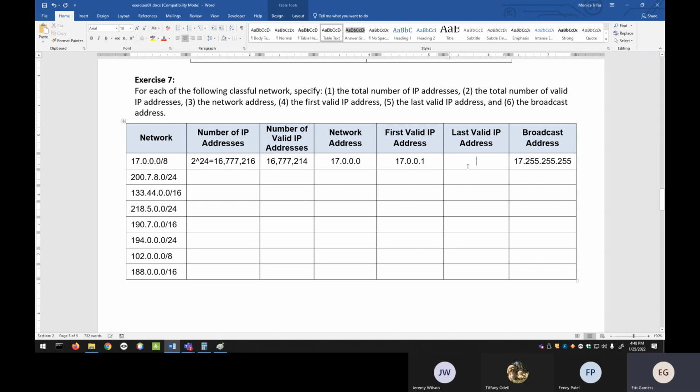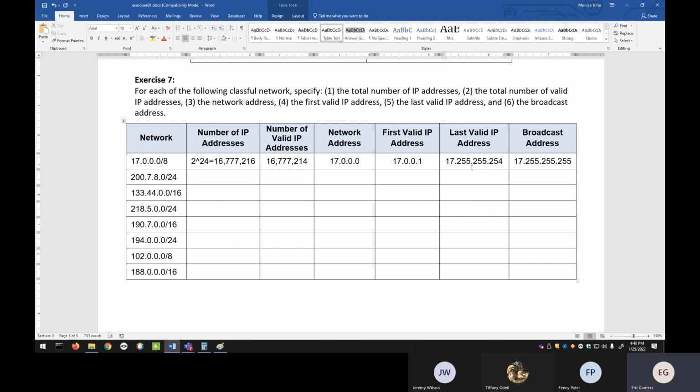And what is the last valid IP address? It is one IP address before this one. So one IP address before 17.255.255.255 will be 17.255.255.254. Okay? Is it okay? So this is the answer.